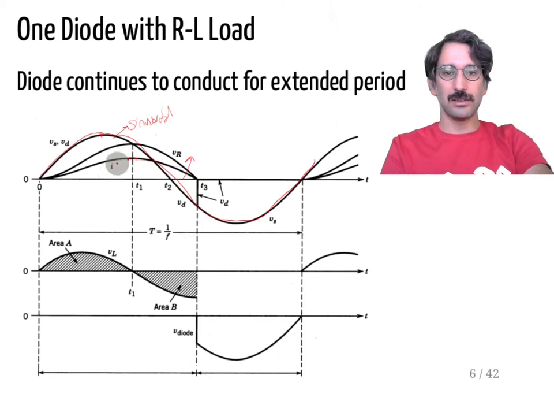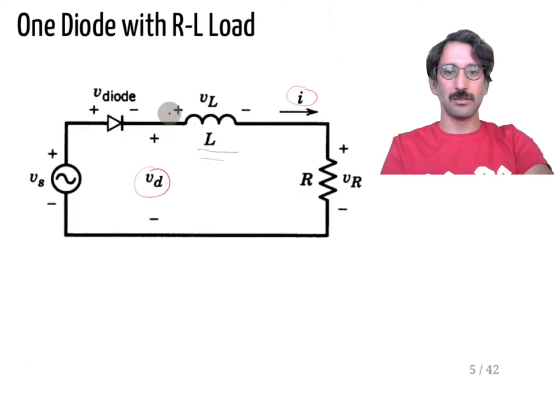So how does it change from the perspective of the current or the inductor? From the perspective of the inductor, it is when the diode is in conduction mode. So here is Vs, and here you have Vr, and Vr is basically just a multiplication of the current.